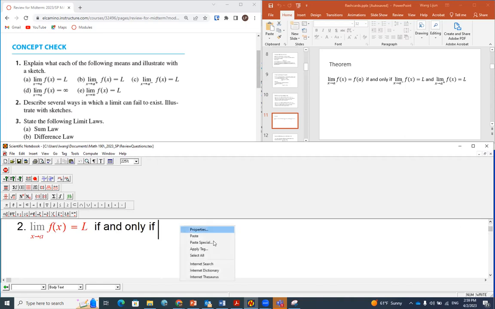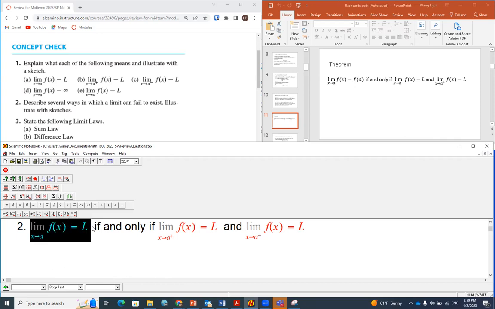I always choose to write it down, so I might go a little slower so that I can make my point clear so you can see what's written down. If and only if the limit from the right and the limit from left both exist and are the same. Okay, so this is if the limit exists.